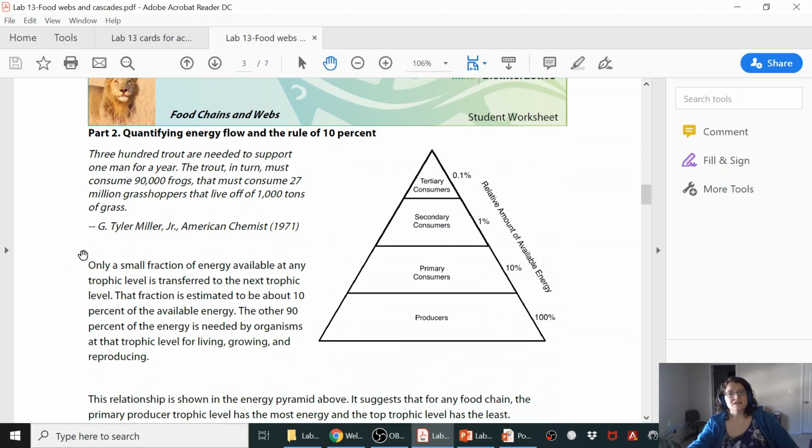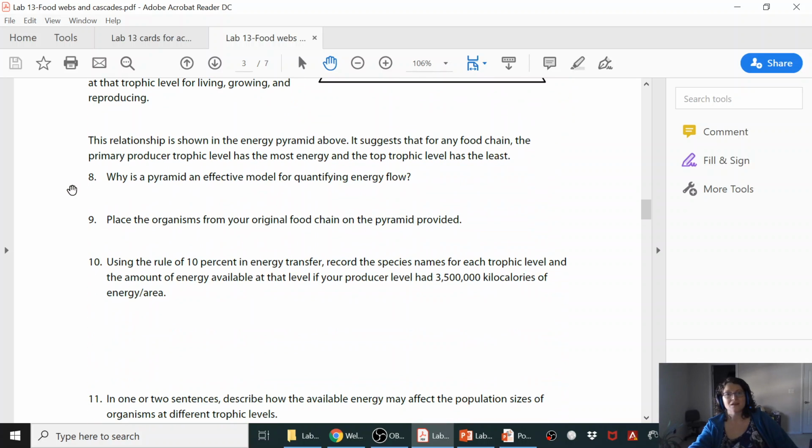All right. And then there's this energy flow in the rule of 10%. We talked about this. Producers have this energy, that biomass to eat. Primary consumers can only incorporate about 10% of that into their bodies. Secondary consumers can only incorporate 1% of that into their bodies, 0.1% for the tertiary consumers, okay? So then you answer the questions. Why is a pyramid effective model for quantifying energy flow? We talked about the rule of 10. And so now you have this many kilocalories.